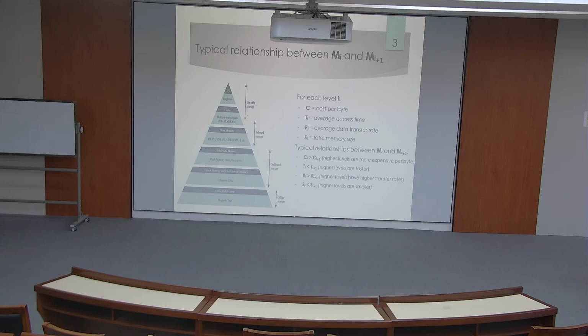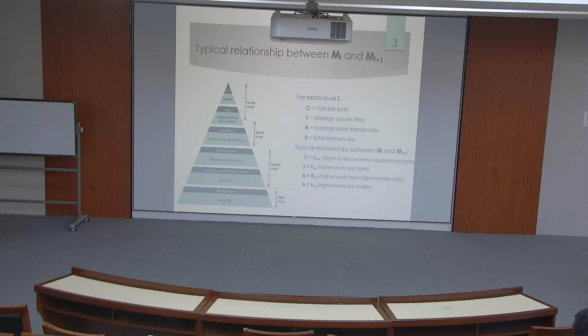The average access time for a memory at level I needs to be less than the average access time for a memory at level I plus 1. For the average data transfer rate, we need the rate for a memory at level I to be greater than the rate for a memory at level I plus 1.